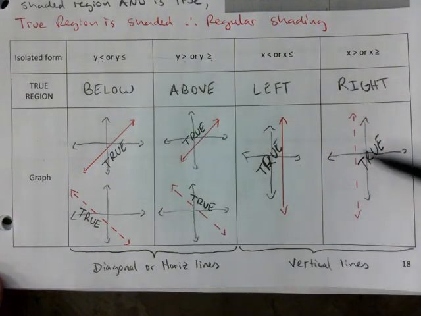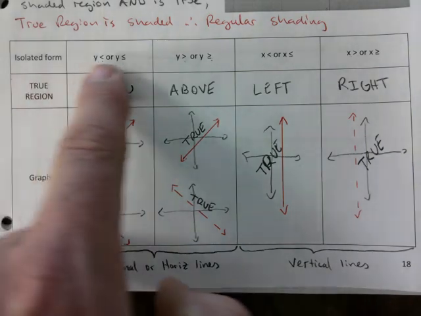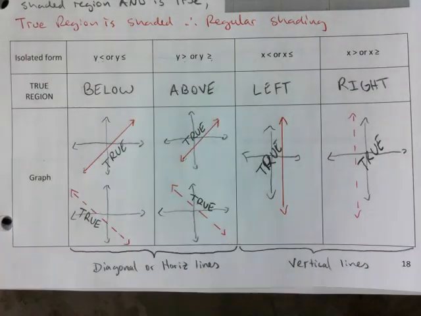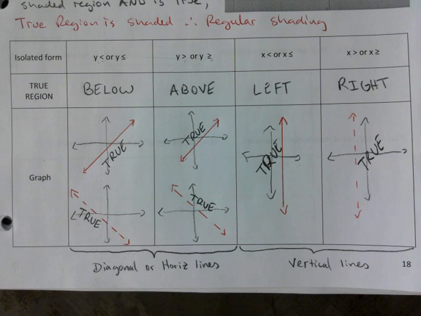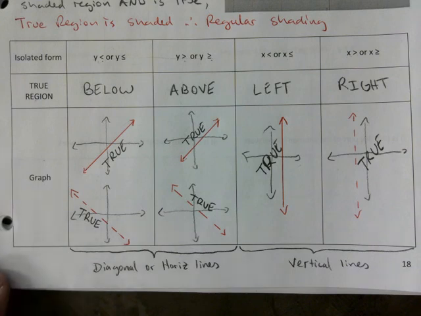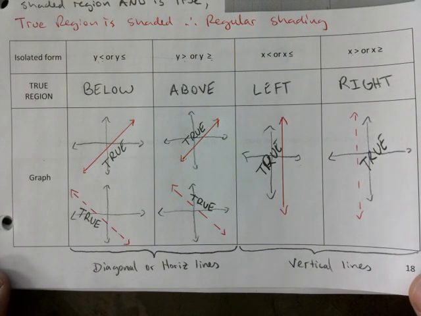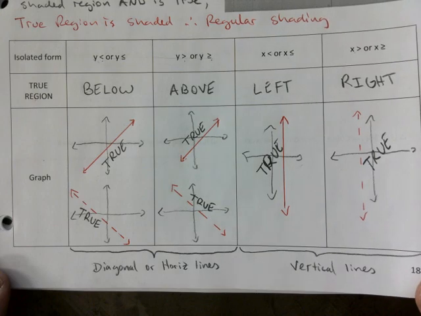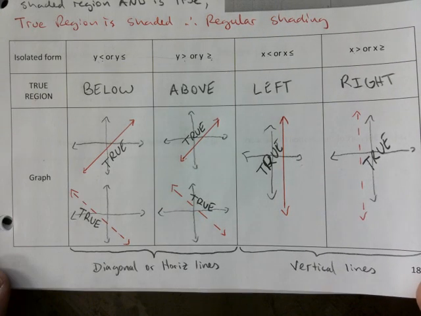If you have room for the graphs, sure, but I would say for sure this, to help you remember, because students forget and then they shade the wrong area and it makes everything else wrong, okay? And I'm focusing on the true region because that's where the solution is going to come from. We good?